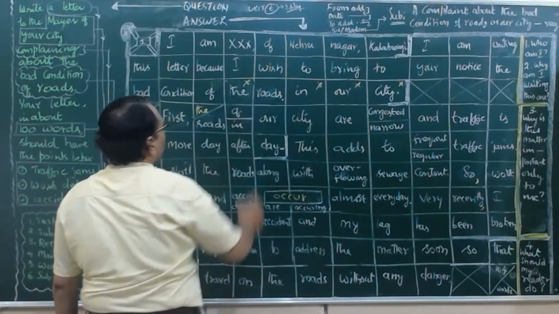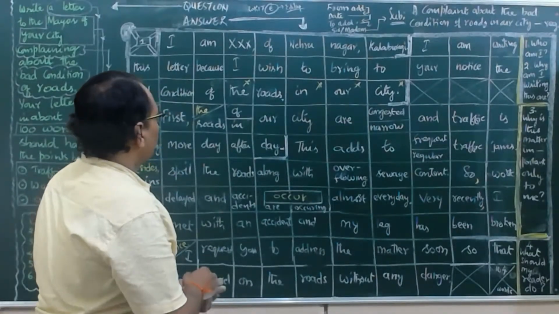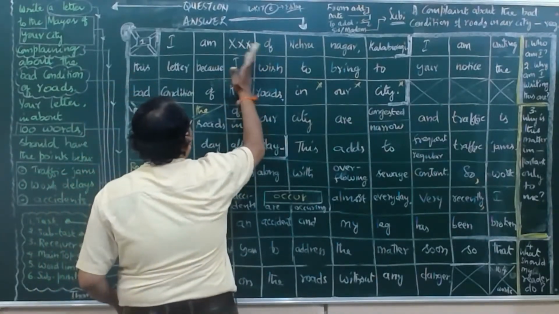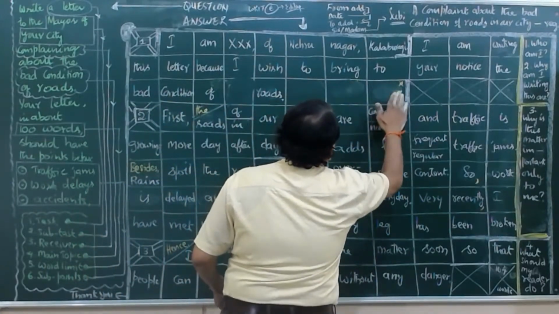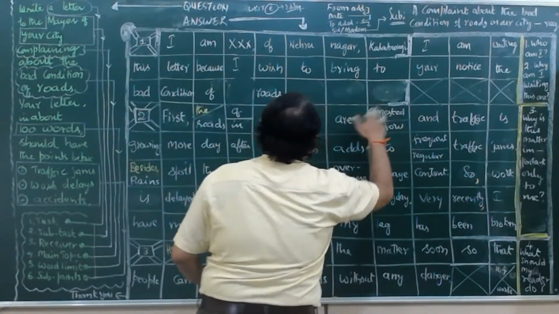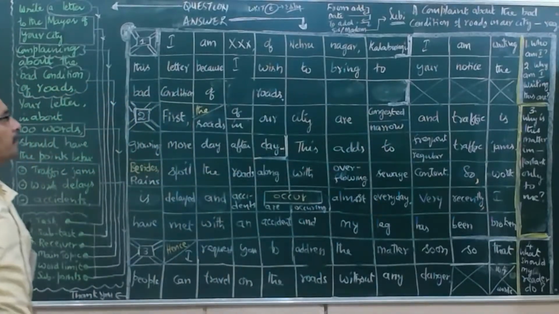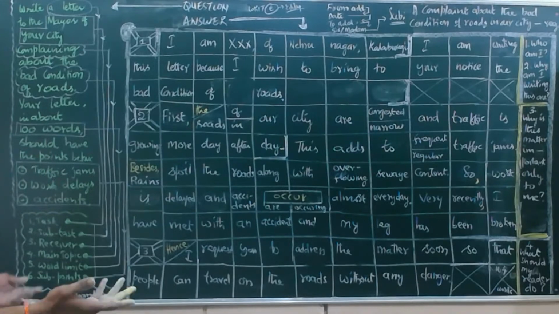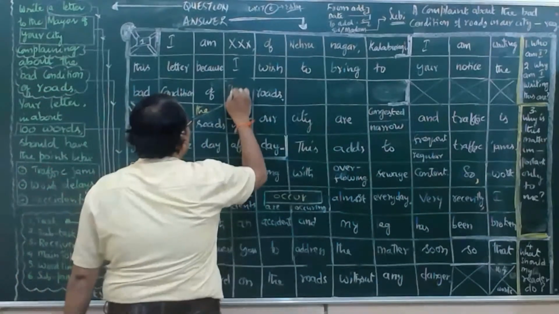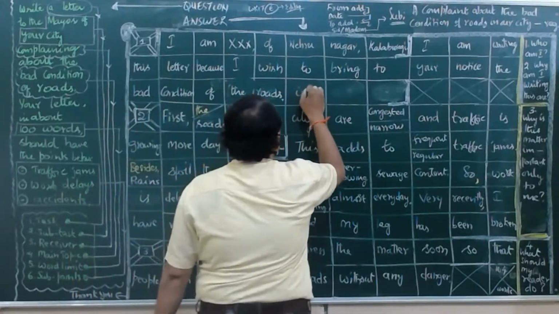If you remove these 4 words, then you will get. Let us remove them and see how the sentence would stand. At least I have the facility to remove and then rewrite in the same place. Now read the one. I wish to bring to your notice the bad condition of roads or the bad condition of the roads in our city.